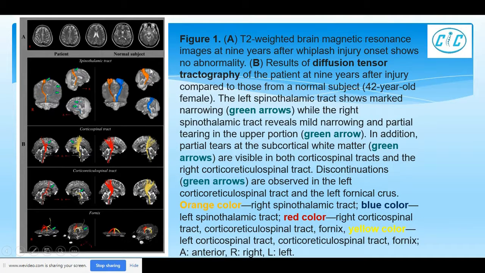This side right here is the normal, and this is the imaging from the patient. You will see that compared to the normal, the fornix, the cortical reticulospinal tract, the corticospinal tract, and even the spinothalamic tract are not fully intact, and there is a significant change after the trauma.